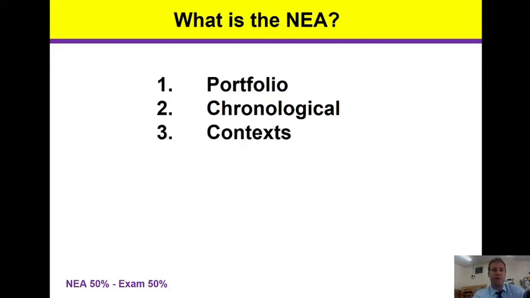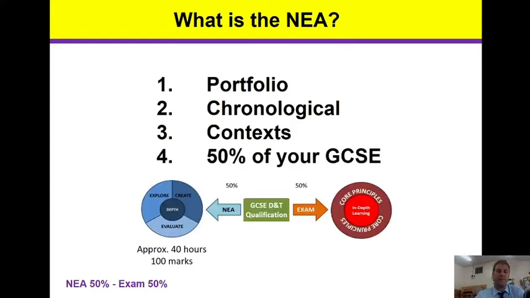It must also respond to one of the three contexts or themes that are set by the exam board OCR each year. These have currently been released and your children are currently working on these. The portfolio of work that you produce accounts for 50% of your total GCSE grade.